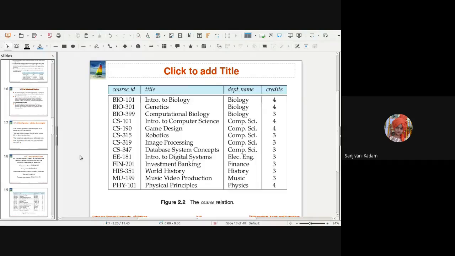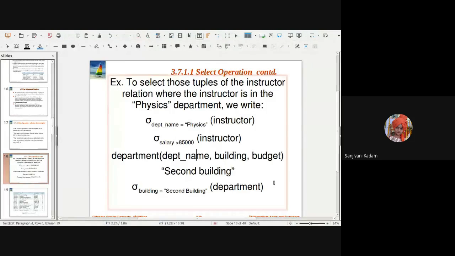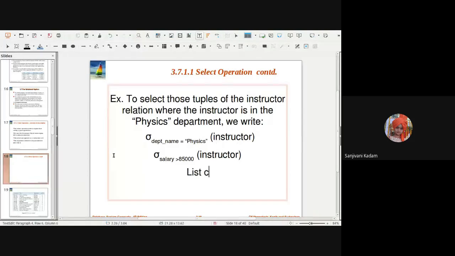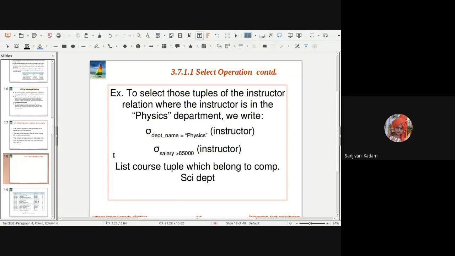So what is my query right now? Query: list courses, course tuples which belong to the computer science department. That is my condition right now.